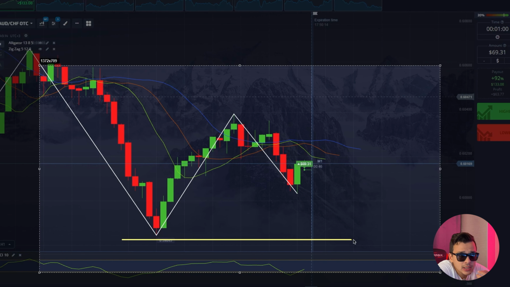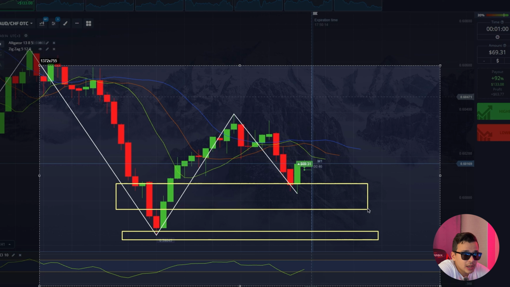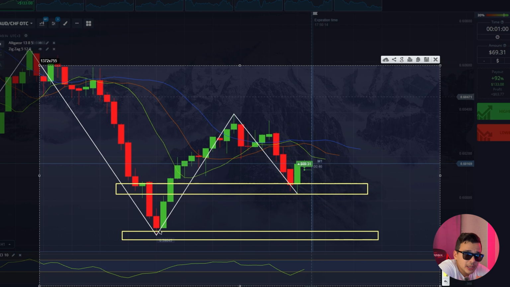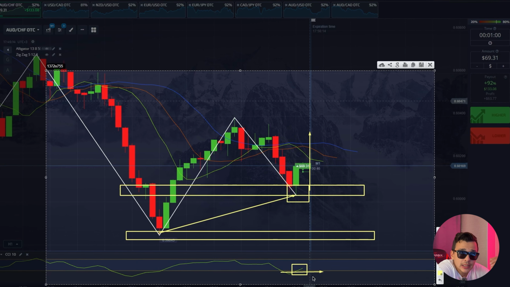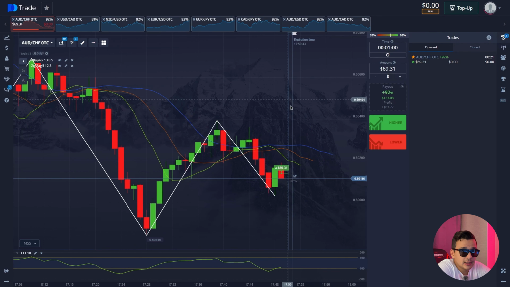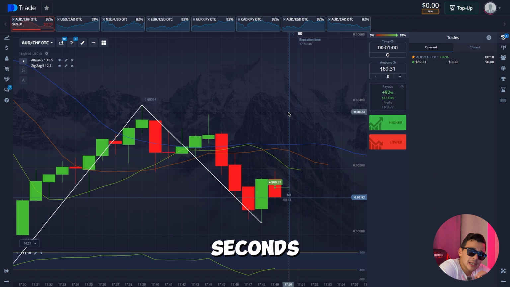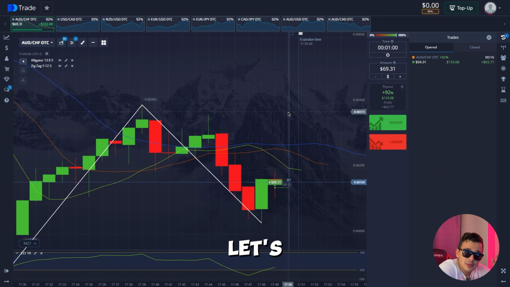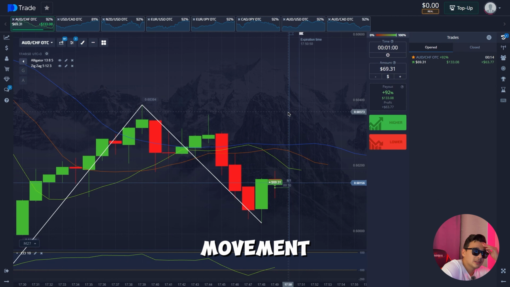So we have our SSI and Zig Zag coming together. We see a new local low point being updated. The Zig Zag has been updated and then I think the price should go up. Also, we see an exit from the oversold area, and accordingly also adhering to this rule, we open a deal on the upside, with several seconds left to complete. Let's observe the dynamics of the movement.